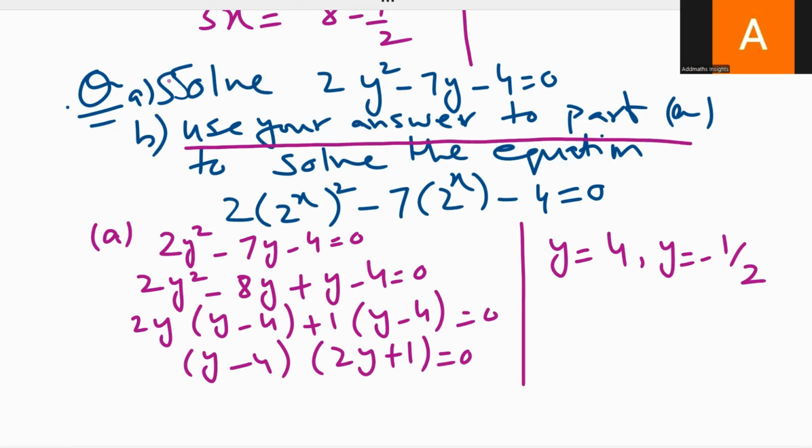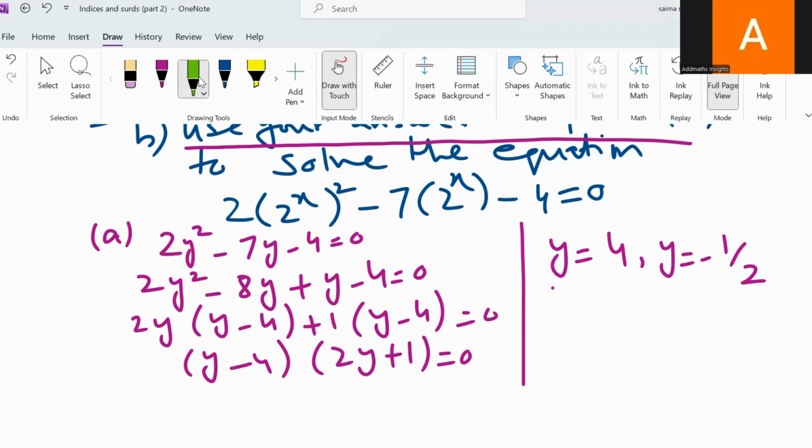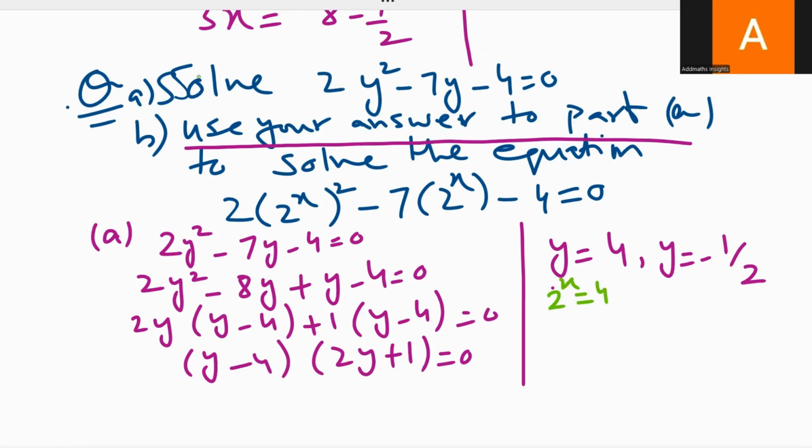So it means the value of y is 4 and y in this case is basically 2 raised to the power x. So you can replace y by this term 2 raised to the power x. So here you can write 2 raised to the power x is equals to 4 and 2 raised to the power x is equals to minus 1 by 2, right?